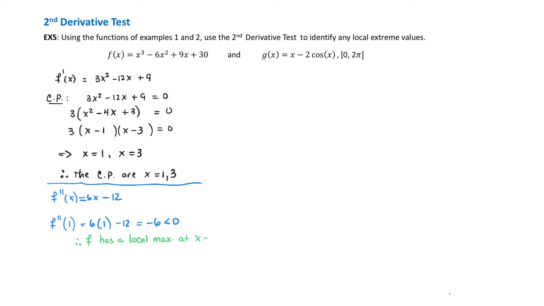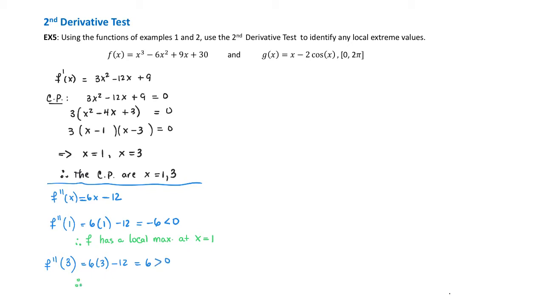at x equals 1. Now I'm going to go ahead and consider the second derivative at the other critical point, at 3. That's going to be 6 times 3 minus 12. That is going to give me 18 minus 12, so therefore 6. And 6 is bigger than 0.